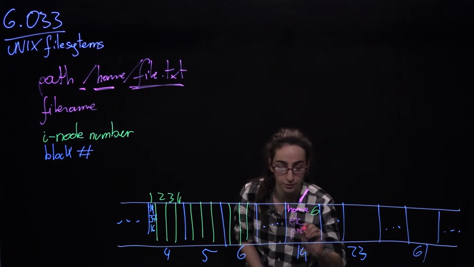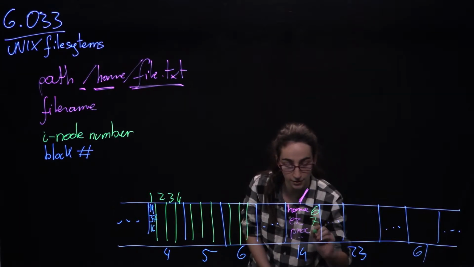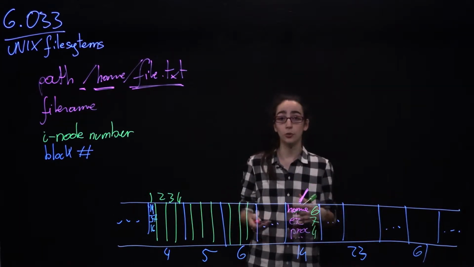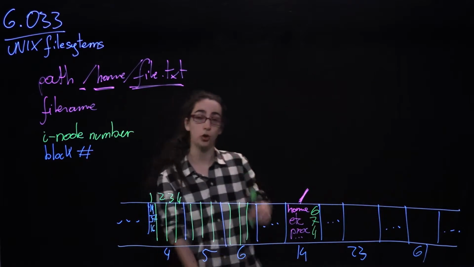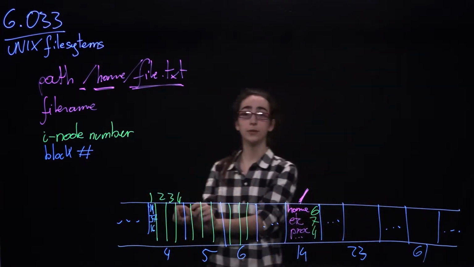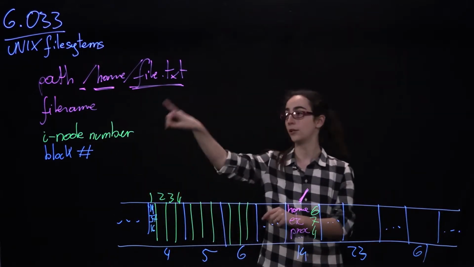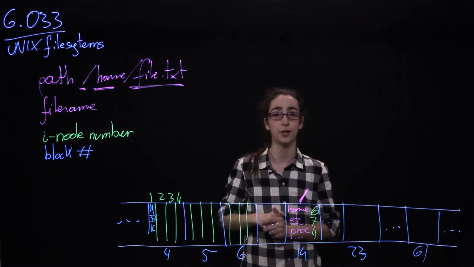The proc folder might have another one, and more and more. So this will be, let's say, 7, and this might be 4. So now that we're interested in /home/file.txt, we found the inumber for home, and so we can go look it up and just repeat this process again by going up and across these layers of abstraction again.